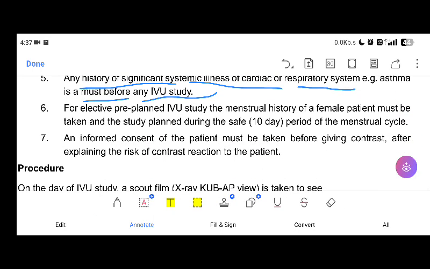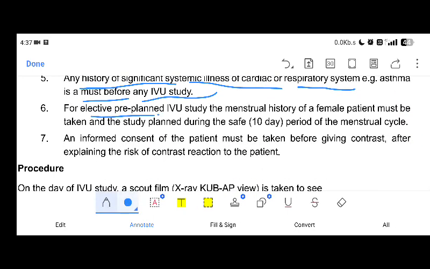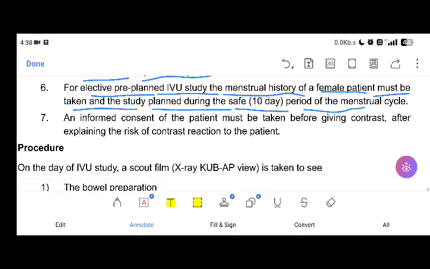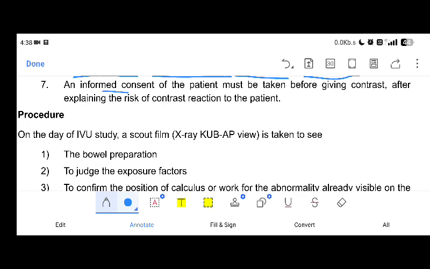For an elective or pre-planned IVU study, the menstrual history of a female patient must be taken, and the study planned during the safe days, the 10-day rule, of the menstrual cycle. Informed consent of the patient must be taken before giving contrast, after explaining the risk of contrast reaction to the patient.